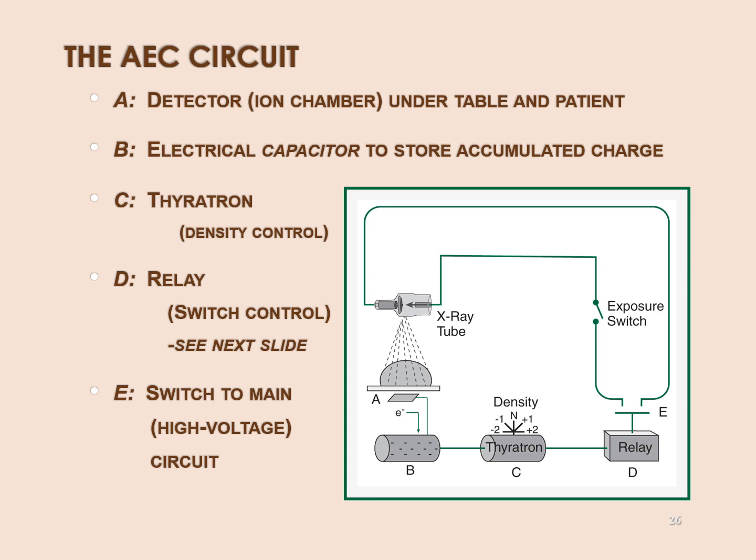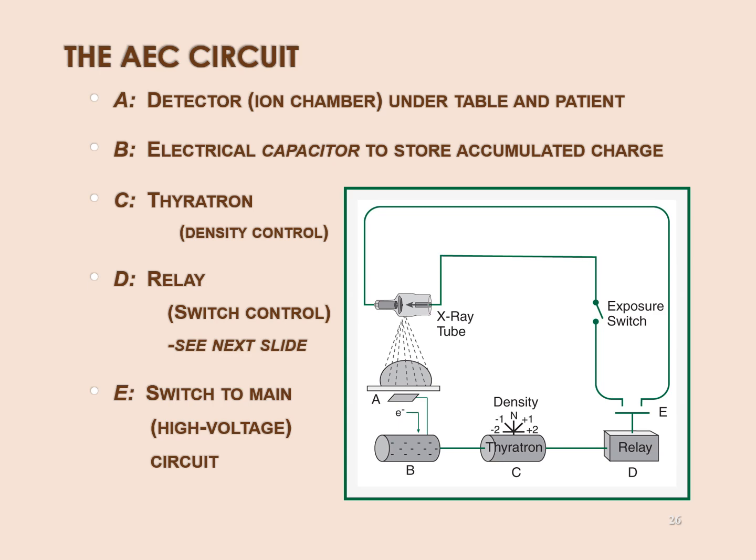So the thyratron is like a capacitor that is fighting the capacitor at B, but you get to set the strength or the weakness of the fighting capacitor, the thyratron.